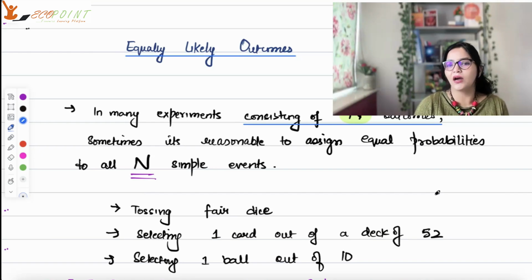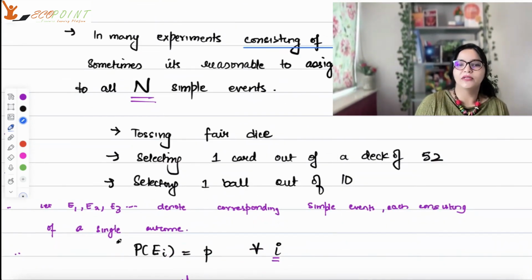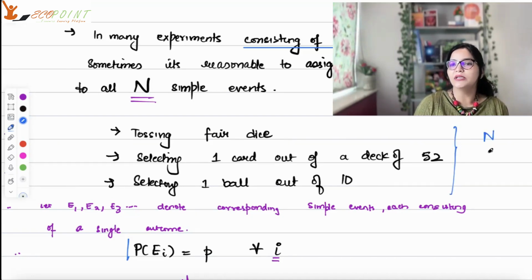Selecting one card out of the deck of 52, equally likely, equal probability to each card. Selecting one ball out of 10, equally likely. So sometimes you can just give one single value to the probability in case there are n total outcomes. So the equally likely probability will be 1 by n.